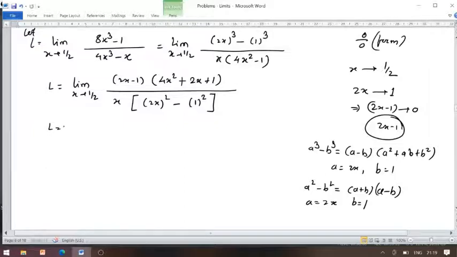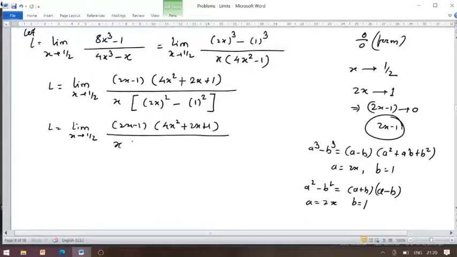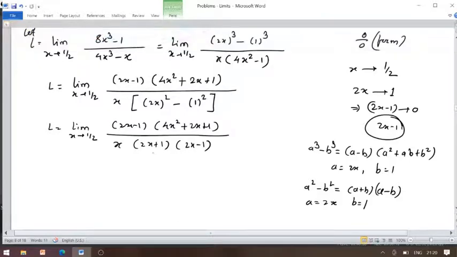So by replacing a and b by their values, we have the limit as x tends to half of twice x minus 1 into 4x square plus twice x plus 1, divided by x times a plus b, twice x plus 1, a minus b, twice x minus 1. So once we have a factor of numerator and denominator as twice x minus 1, it will cancel out, and let's apply the method of direct limit for finding the value of the given limit L.